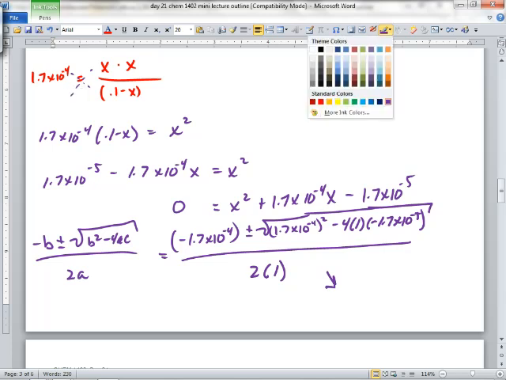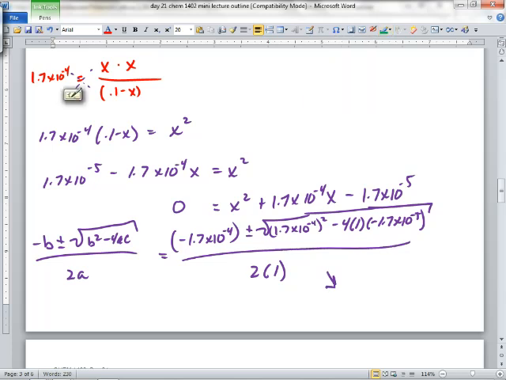I'll end up with, okay, about 8.25 times 10 to the negative 3. That's what I got inside my square root thing.